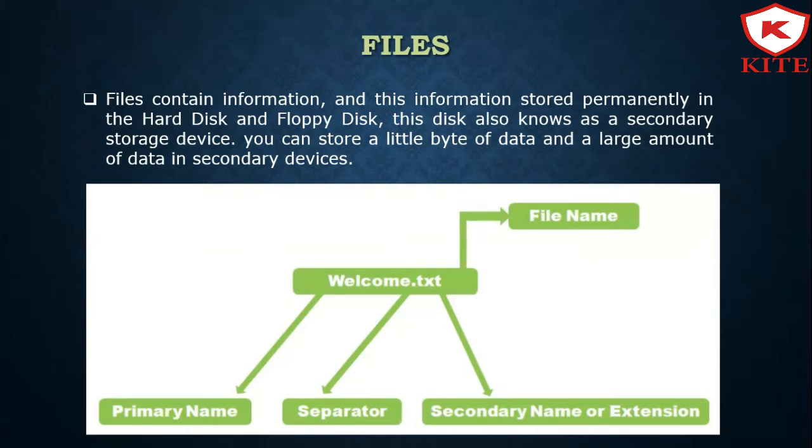Therefore, a file name always contains a primary and a secondary name, and a dot is used for separating them for better understanding, like given in the example. Here the file name is welcome.txt, a text file, where the primary name is welcome, the separator is a dot, and the secondary name or extension of the file is .txt.